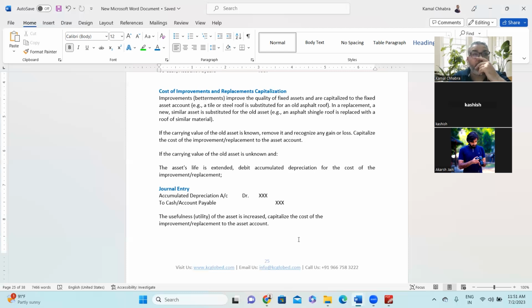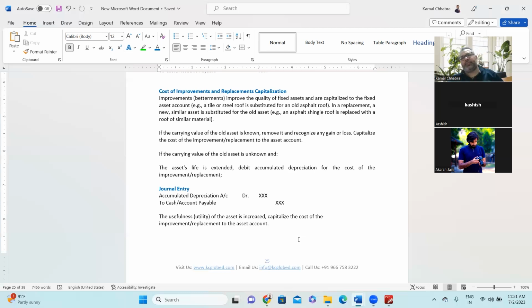At that point of time, you are not in a position to bifurcate the cost of the engine and the cost of the truck, right? In that scenario, whatever scrap value you receive from the sale of the old engine is your income, and whatever amount you have invested for the replacement of the engine is your cost of improvement.